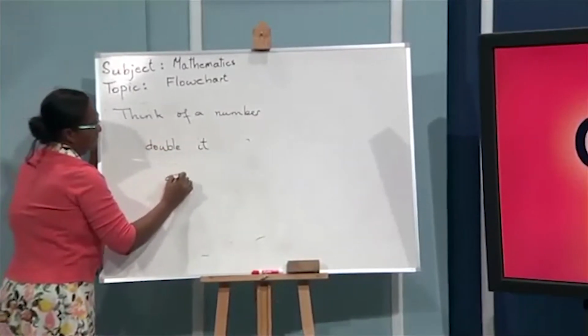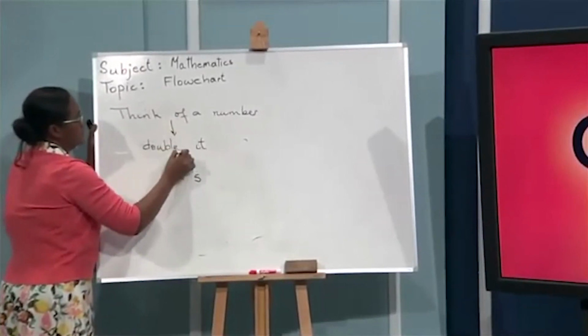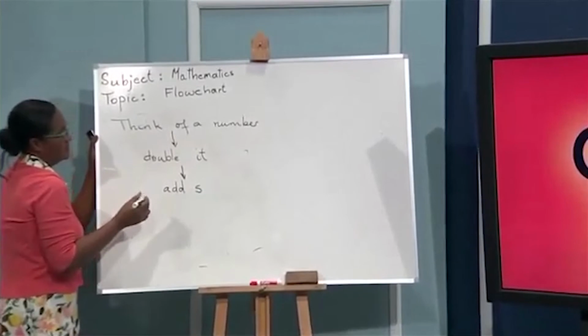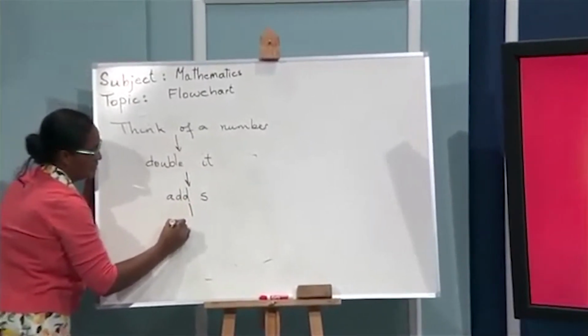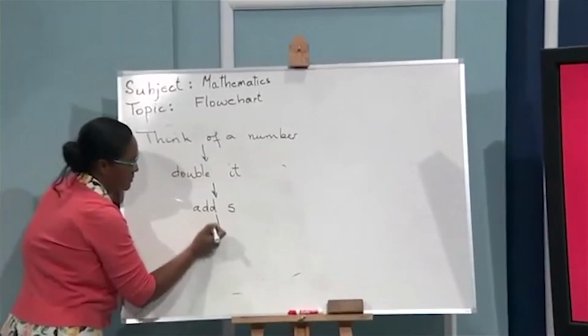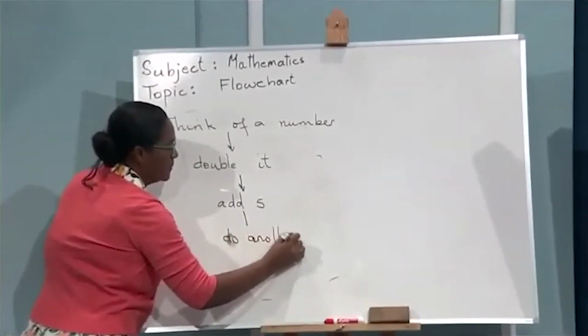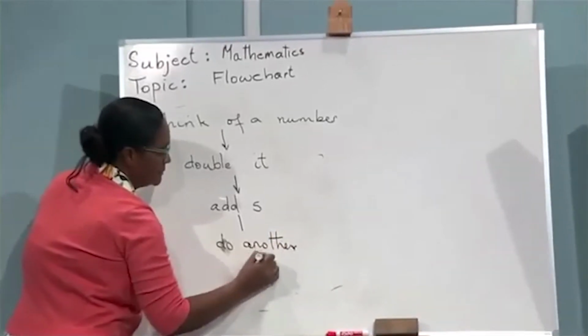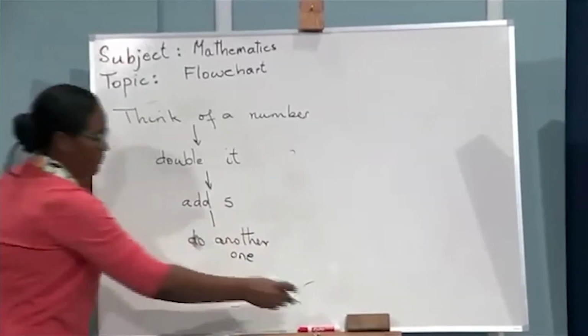And then add 5. And then a decision. Do another one. So let us look at how we would put this.